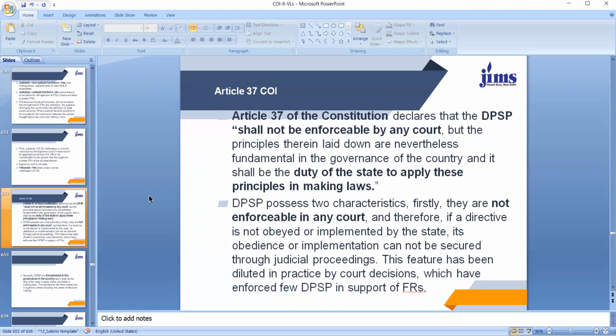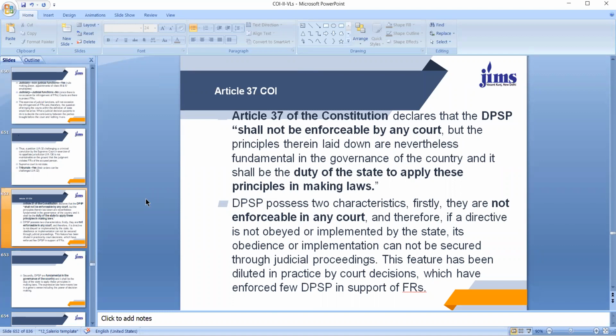See, there are two characteristics of directive principles. They possess two characteristics. Firstly, they are not enforceable in any court. Fine. And therefore, if a directive principle is not obeyed or implemented by the state, its obedience or implementation cannot be secured through judicial proceedings. You cannot file a writ against the state that directive principles are not being followed.